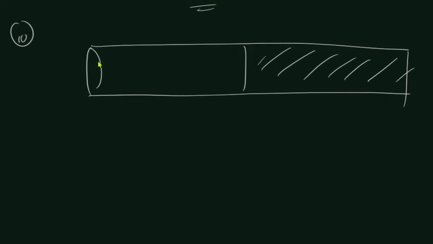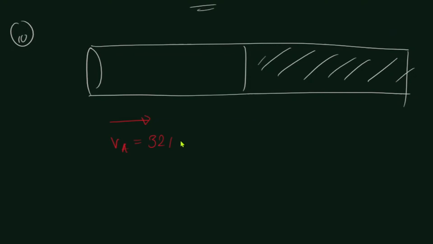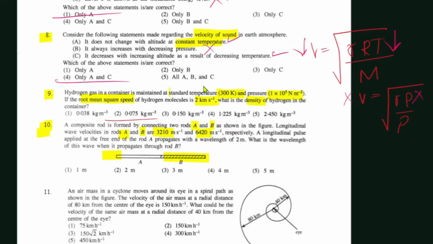Of course, VA, the speed, is 3210. The speed of the longitudinal wave in the other medium is 6420.